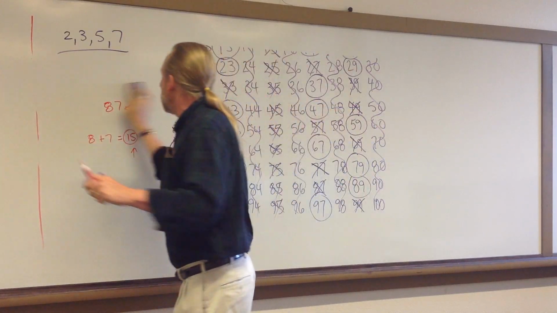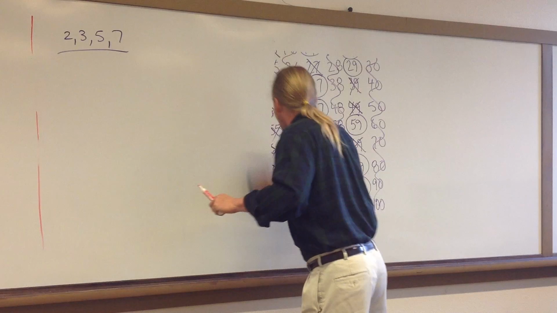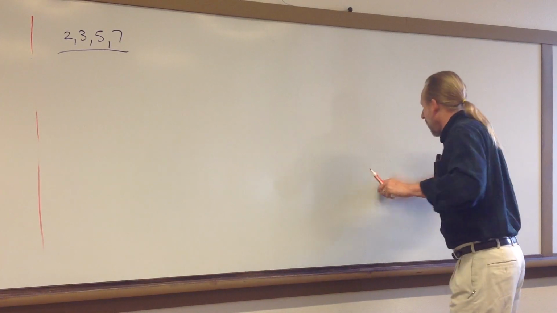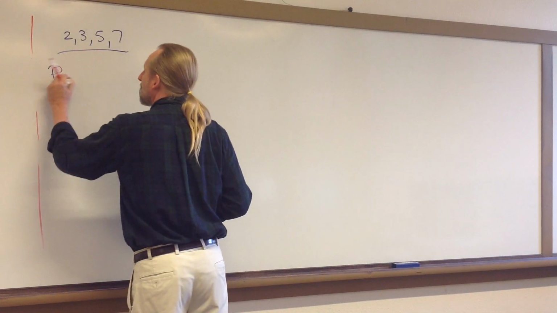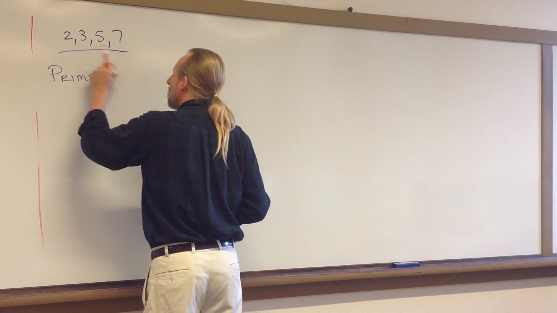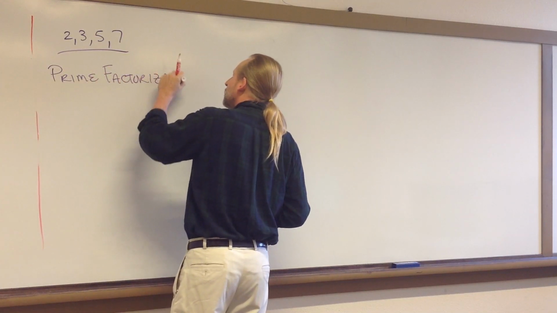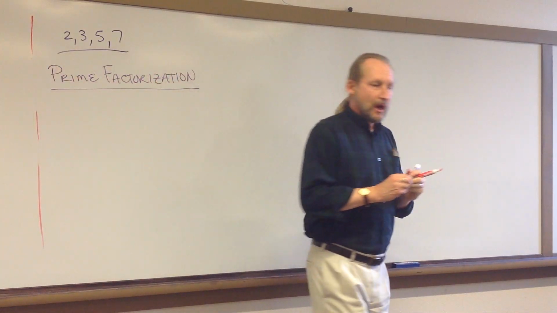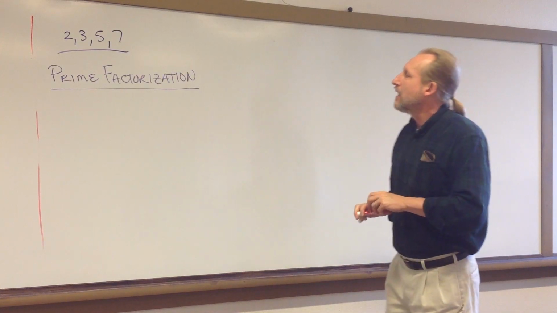let's talk about prime factorization. So if you've done factor trees, then that's essentially what this is. You can do this as a factor tree. You can do it some other way.